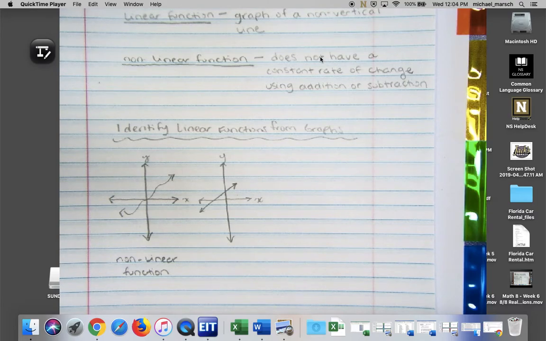We know the next one is a function because none of my x values repeat. Is it linear? Yes. Sure is.